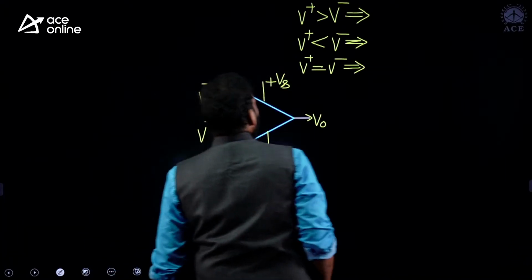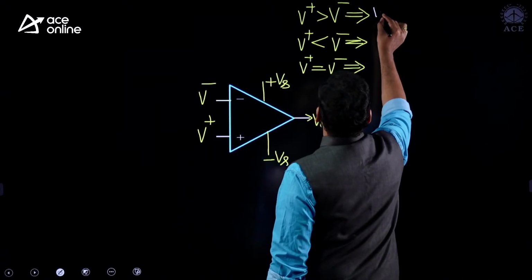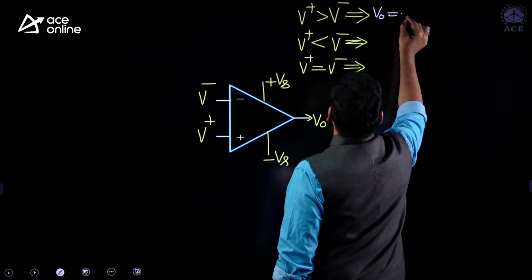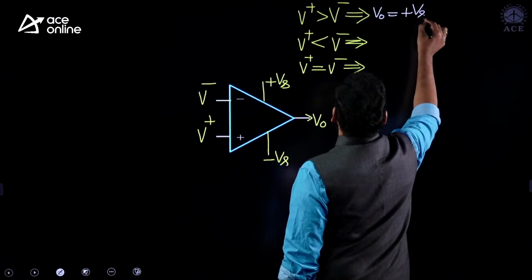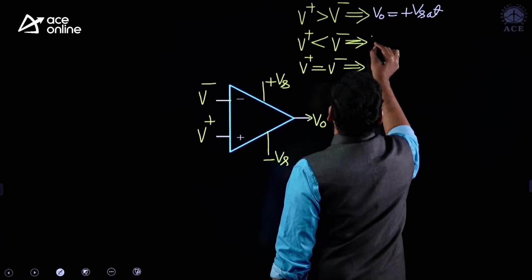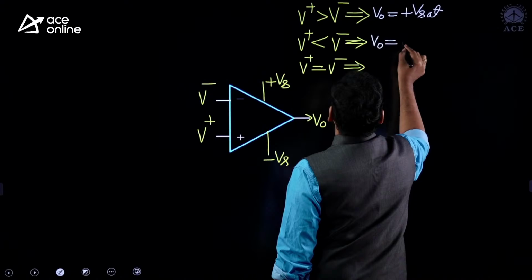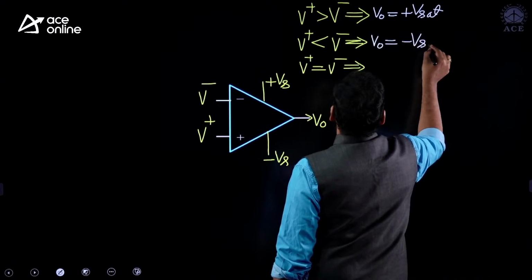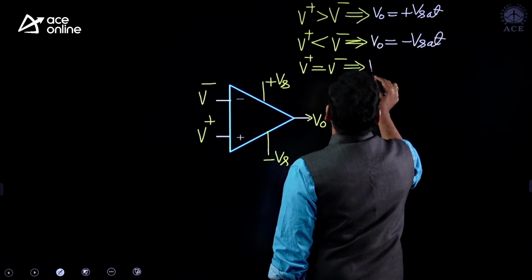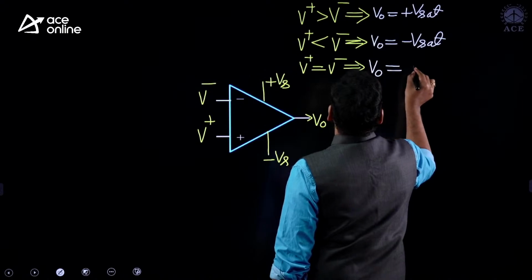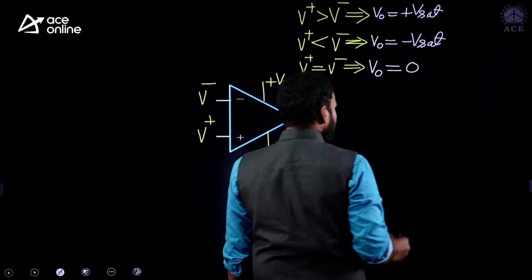Output will be plus V saturation, and here the output voltage V naught is minus V saturation, and here the output voltage V naught is equal to 0 volts.